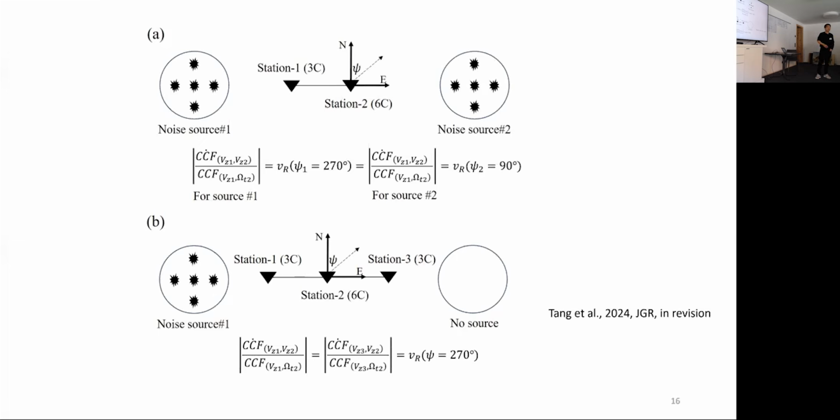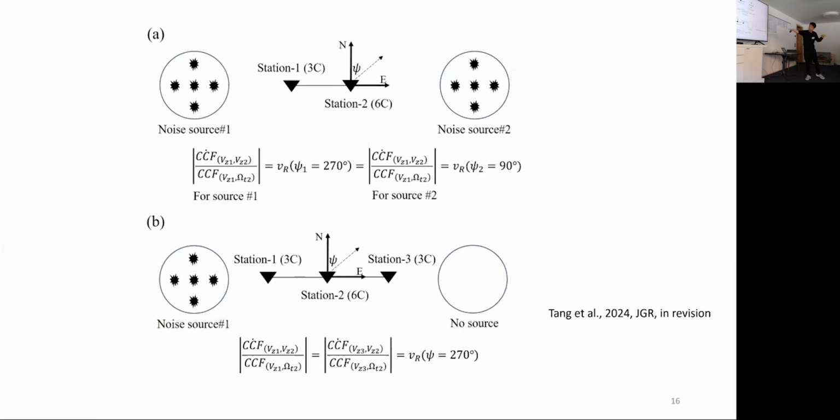In general, cross-correlation technology uses the travel time to estimate the phase velocity between the two stations. So the amplitude ratio information is a little different from the general method.